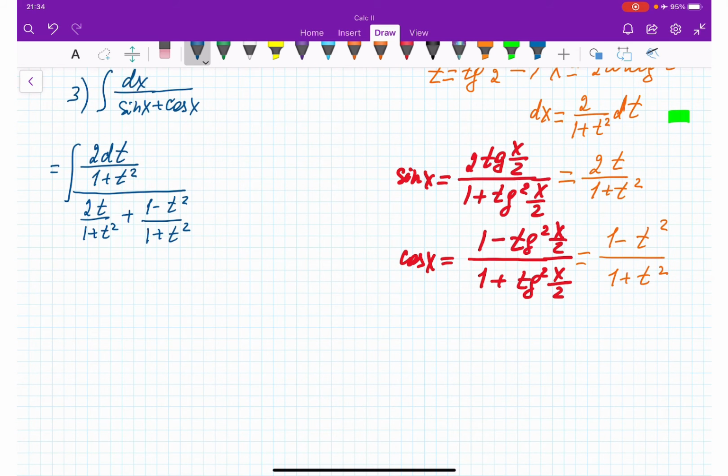Okay, this is going to be equal to 2 dt over 1 plus t squared, and I'm bringing to common denominator 1 plus t squared, and I will get here 2t plus 1 minus t squared.